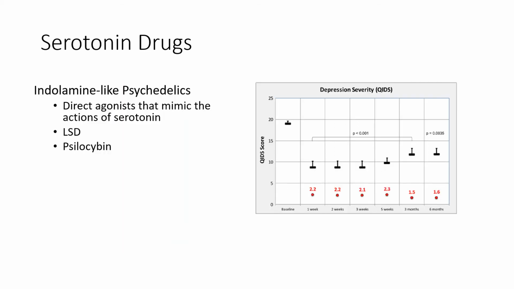There's other serotonin drugs that are not, unlike the previous one where they're indirect agonists, these are direct agonists. They're going to mimic serotonin, and this is where you get things like LSD and shrooms.